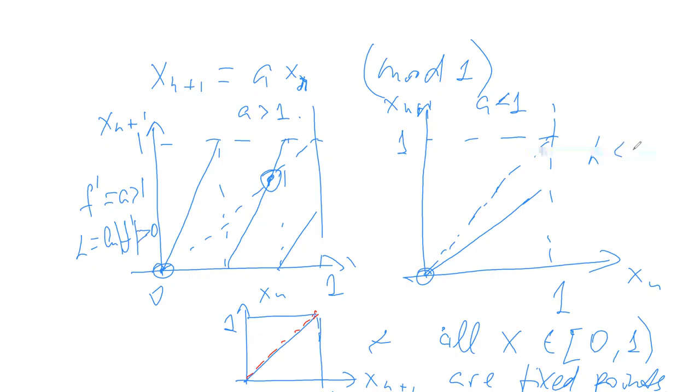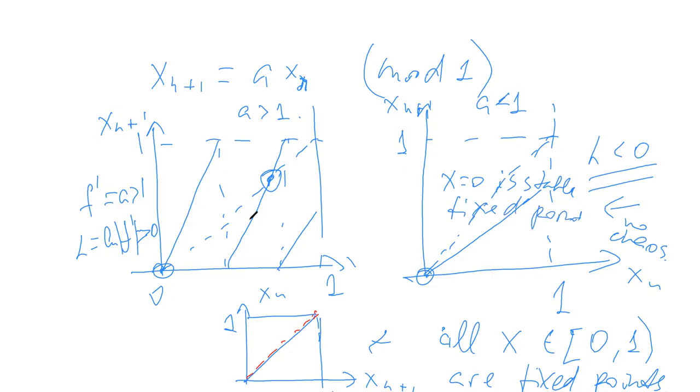And here lambda will be negative. So here we can't have chaos, obviously. In fact, this is stable. X equal to 0 is a stable fixed point. And here, all fixed points are stable because at all fixed points, the derivative is 1.